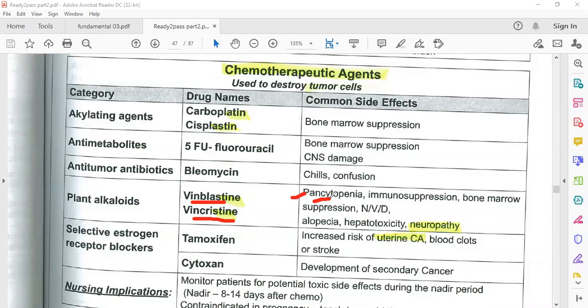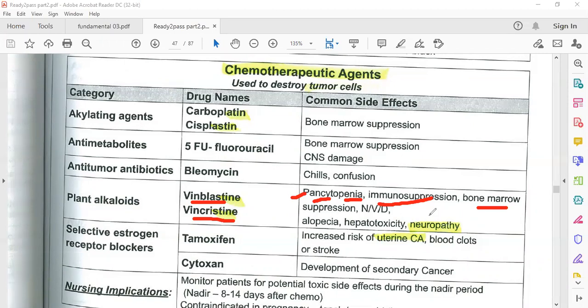Pan means all, penia means reduce. So they reduce the white blood cells, red blood cells, and platelets, causing pancytopenia, because they can cause immunosuppression of the bone marrow, right?